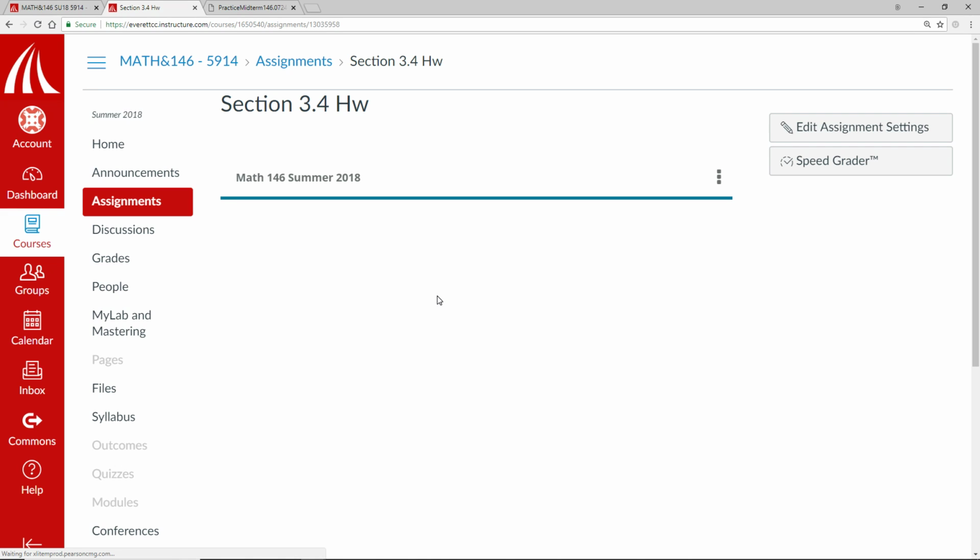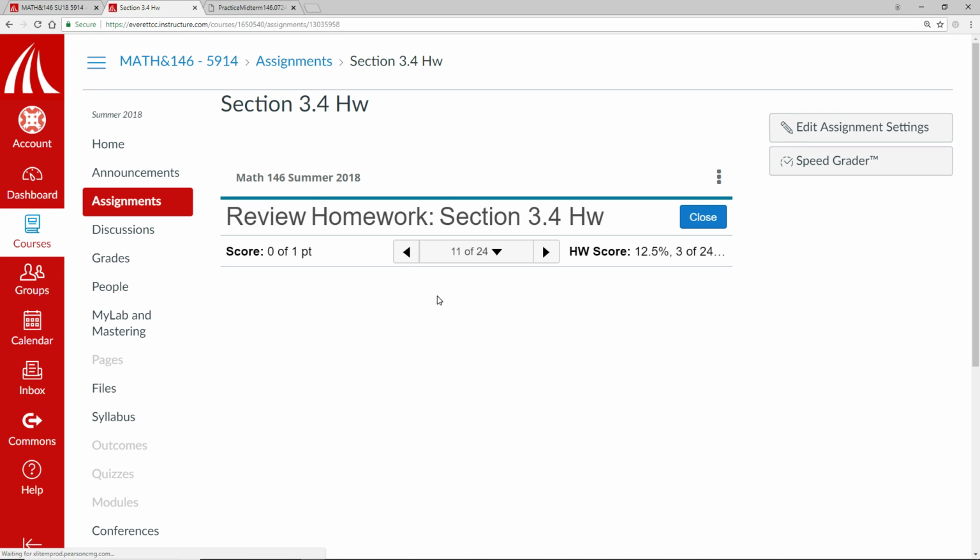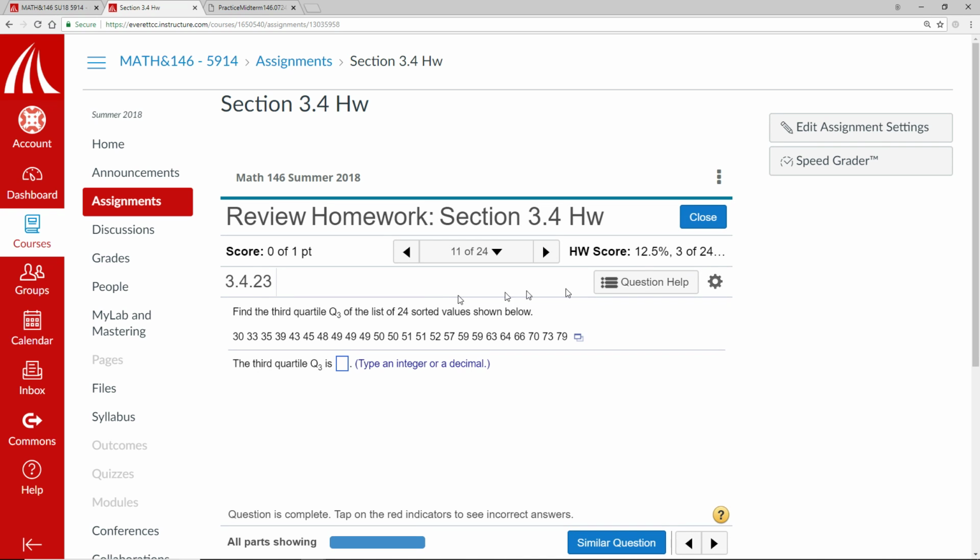I think it's 3.4, I'm trying to remember. It could be in 4. No, 4.4.